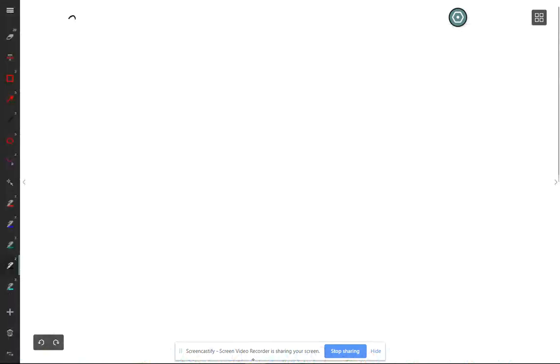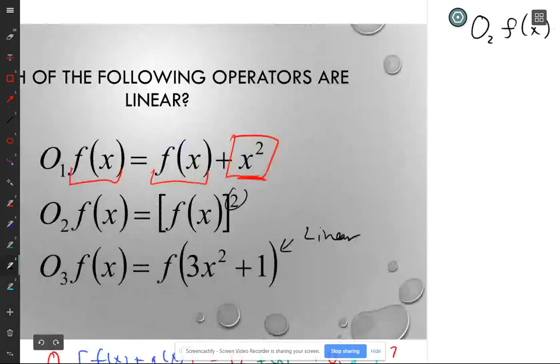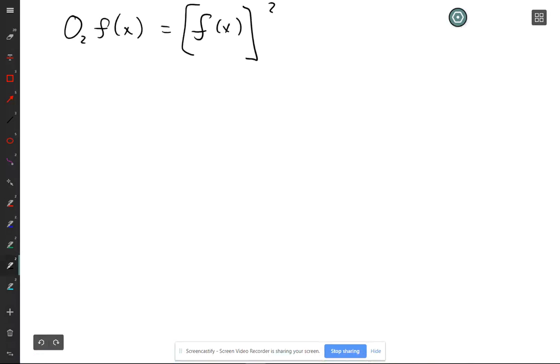So checking operator 2 acting on f of x gives us f of x quantity squared. I wrote it a little bit differently here, but it's exactly the same.